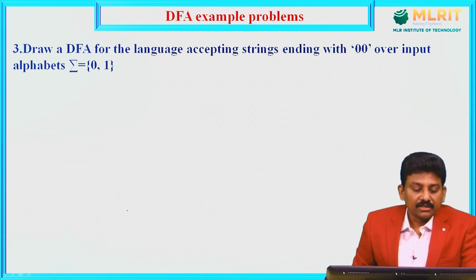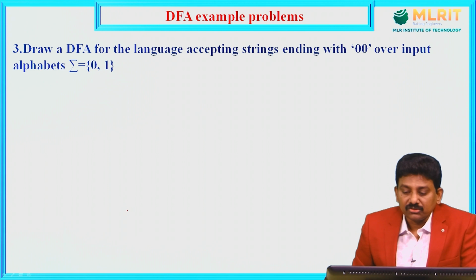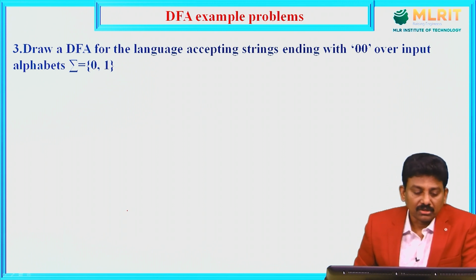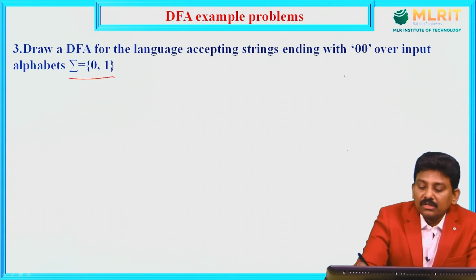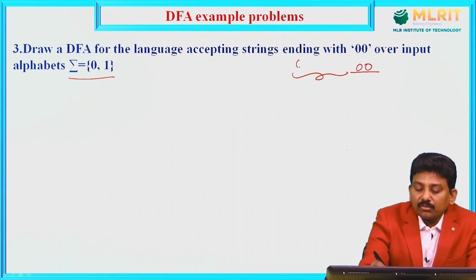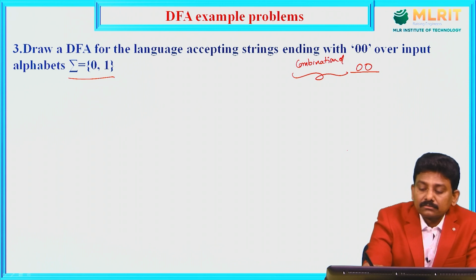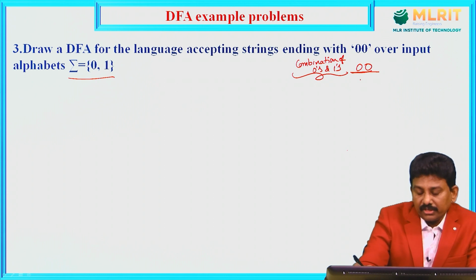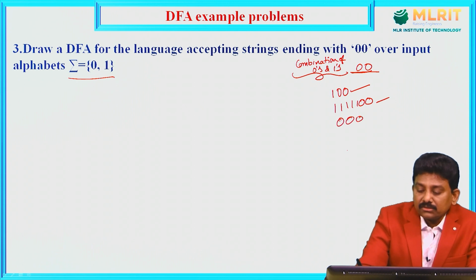Next, draw a DFA for the language accepting strings ending with 0 0 over the input alphabet 0, 1. The last two symbols are 0 0. Before that, we can have any combination of zeros and ones. Valid strings: 1 0 0 is valid, 1 1 1 1 0 0 is valid, 0 0 0 is valid, like that.